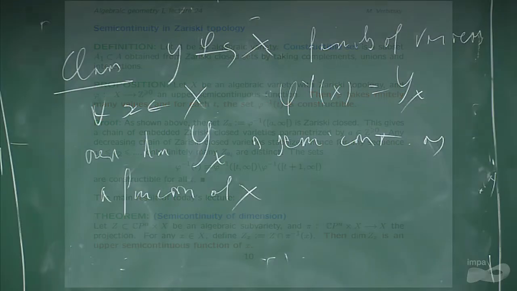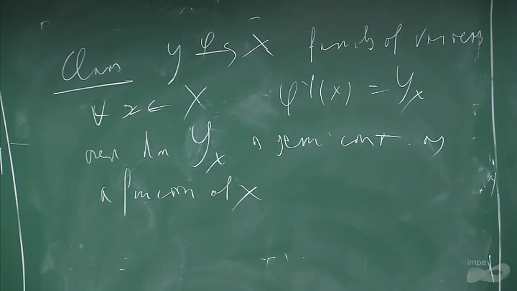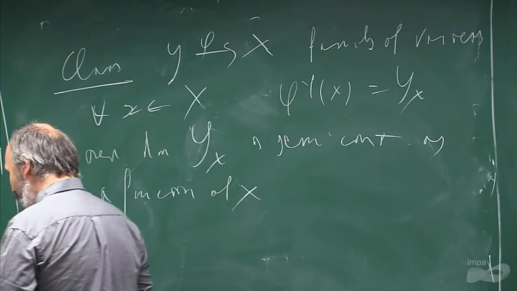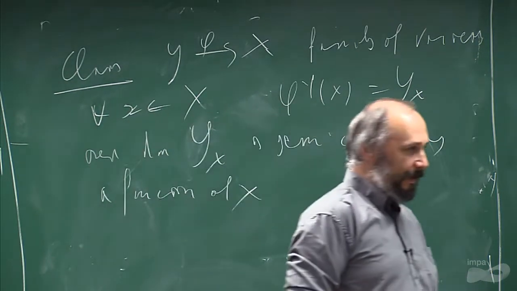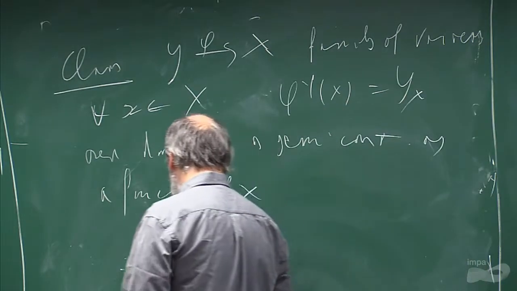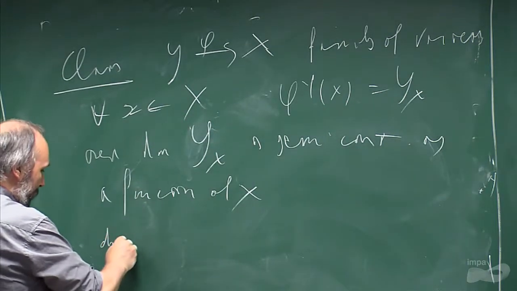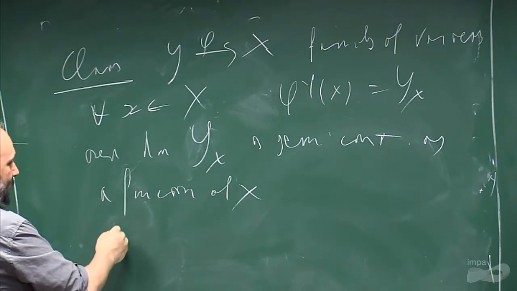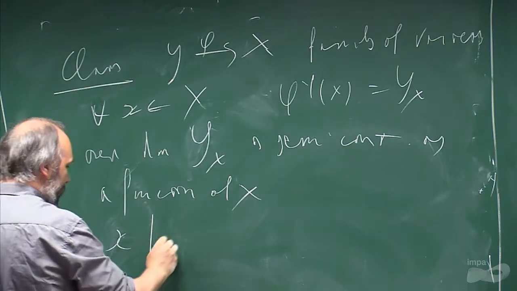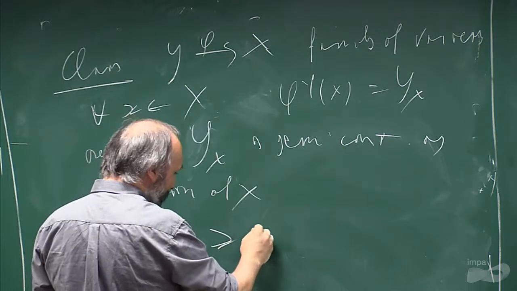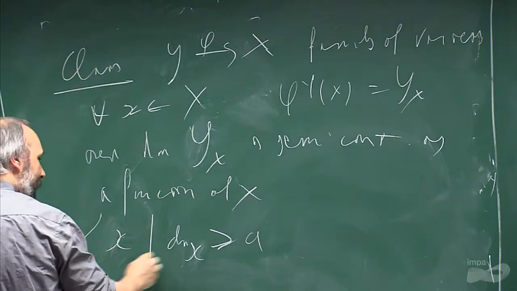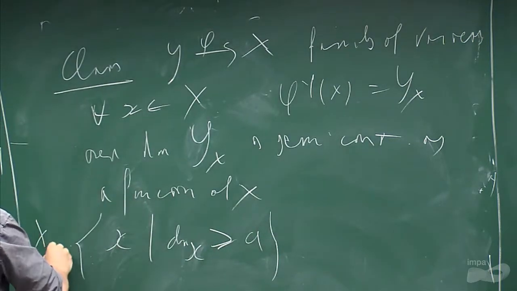Is the statement clear? This is something we have already done. So what happens is that you have dimension, the set of all x such that dimension of Y_x is bigger than A. This set, let's call it X_A.